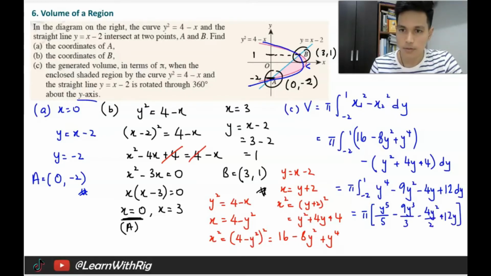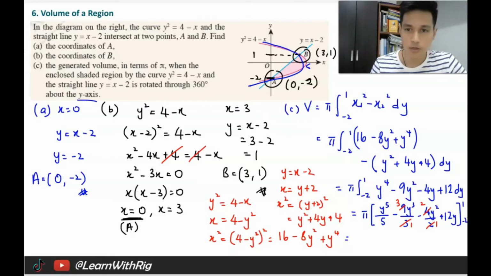Then substitute 1 and negative 2. I don't have much space here, so you can actually simplify: here becomes 1, here becomes 3, here becomes 1, here becomes 2. Now you can straight away substitute.